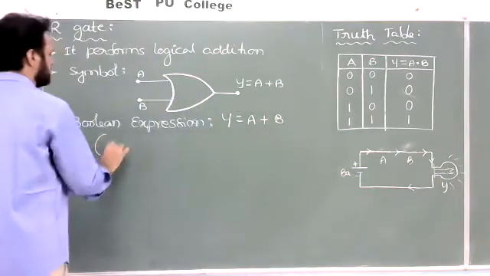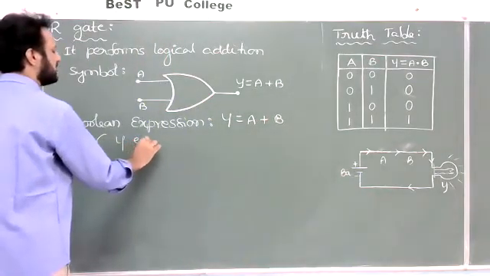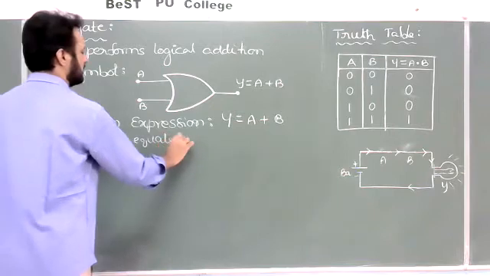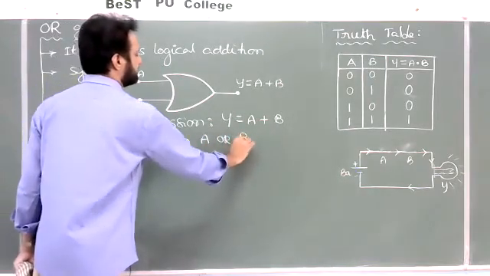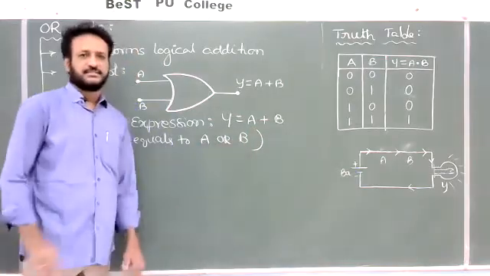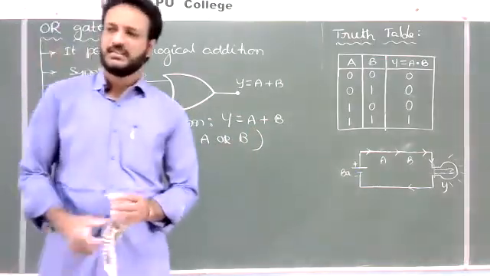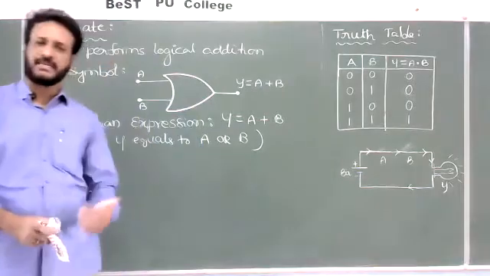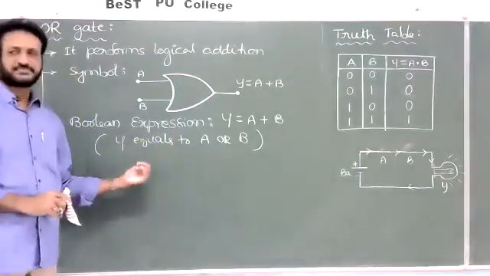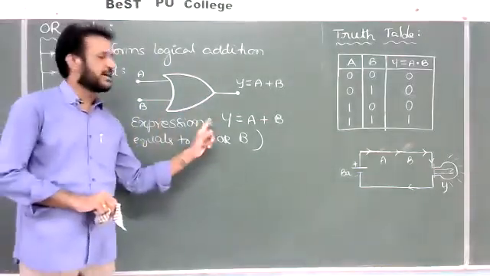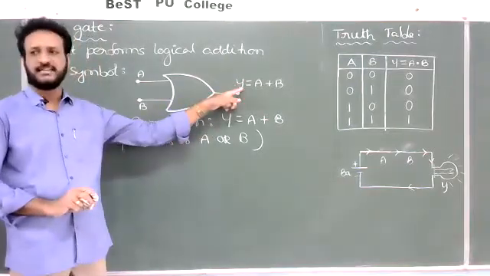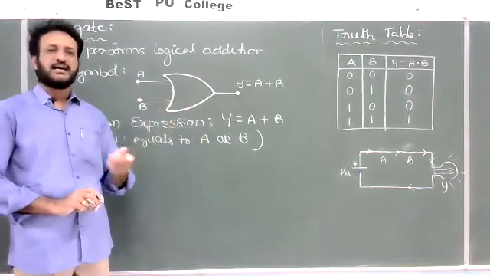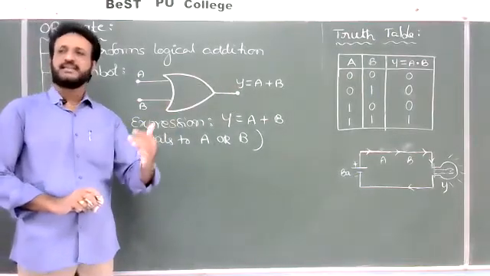While reading, we should read Y equals A or B, instead of Y equals A plus B. What does it mean? The output of OR gate is high when either A or B is high.